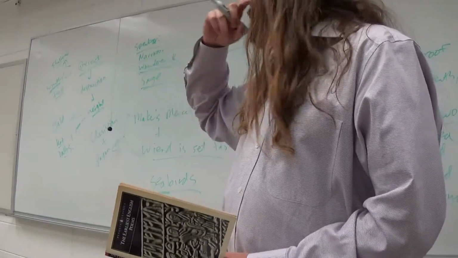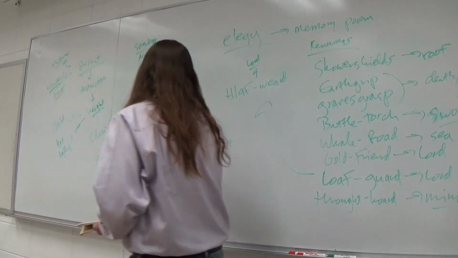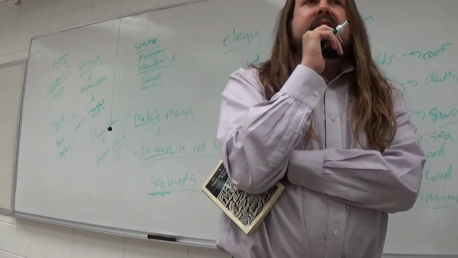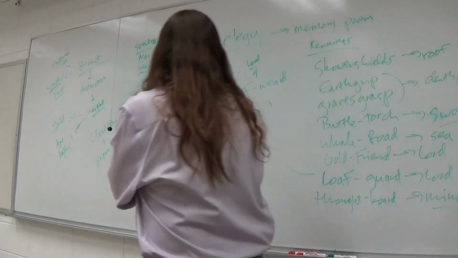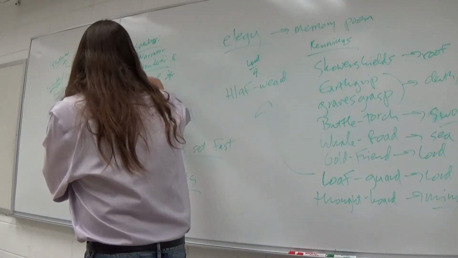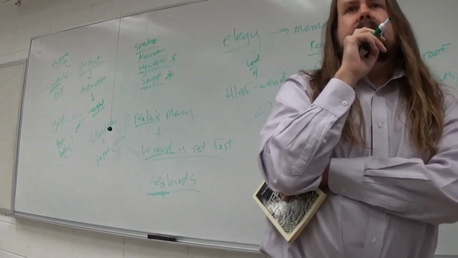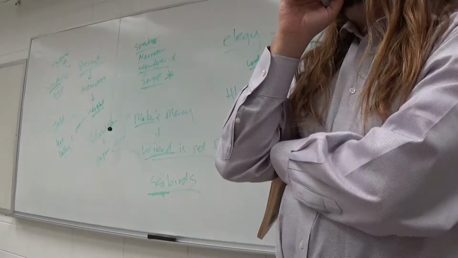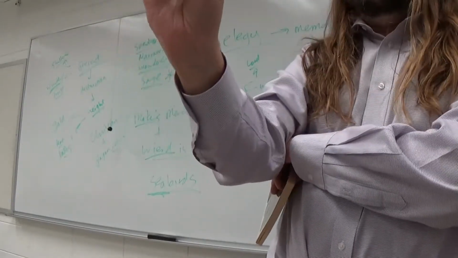Now, what's interesting about this whole maker and weird thing in the context of who says what in the poem? Do the specifically Anglo-Saxon characters, the wanderer and the sage, ever mention the maker? But they do talk about weird, right?